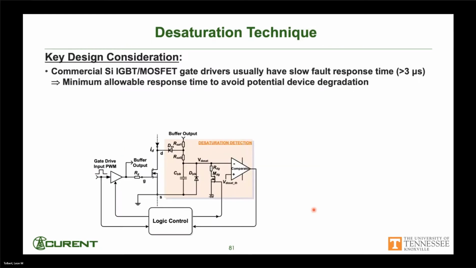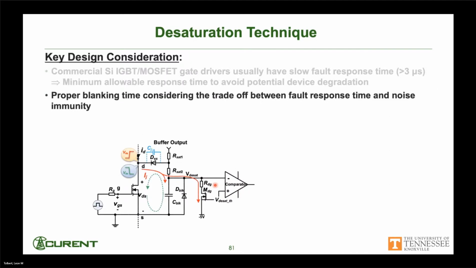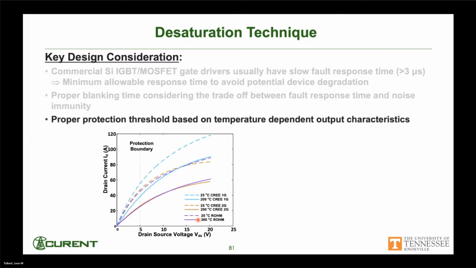And so this is, again, just showing how all that works together with your DSAT detection and how that is able then to be detected. And then also our protection threshold, it's also temperature dependent.